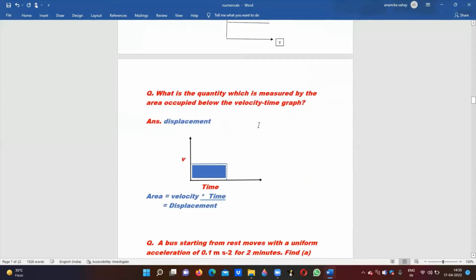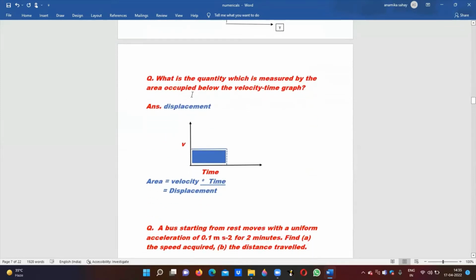So what is the quantity which is measured by the area occupied below the velocity-time graph? If we have this kind of graph, for calculating the area, what will we do? Velocity into time. Well, we know velocity into time is equal to displacement or distance, right?